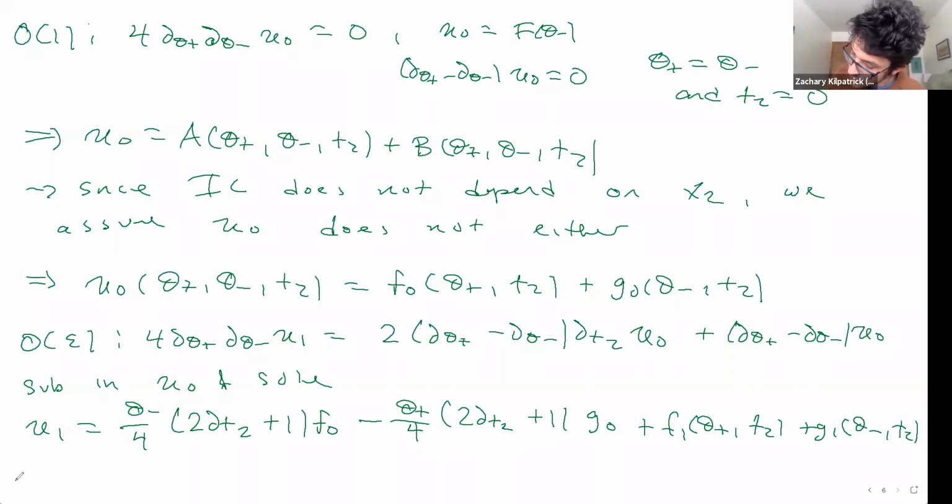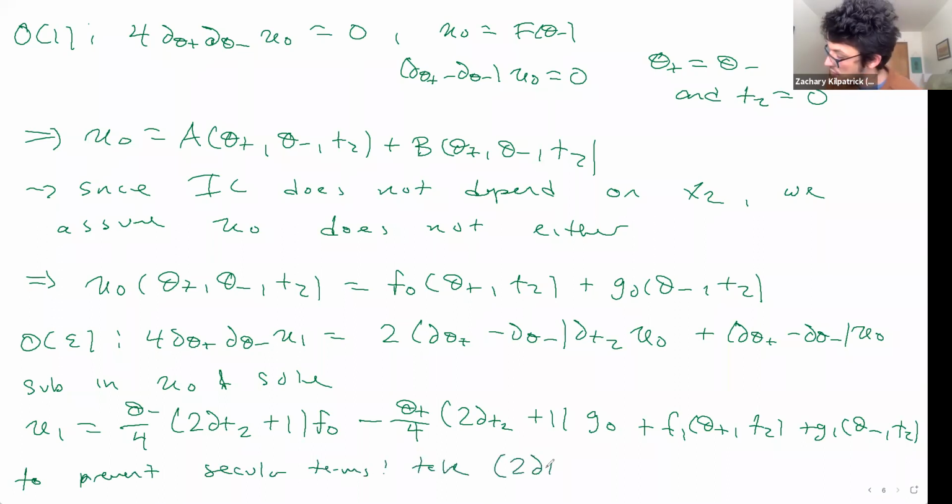So to prevent the secular terms, we just have to take 2 dT2 plus 1 F0 equals 0, and 2 dT2 plus 1 G0 equals 0.